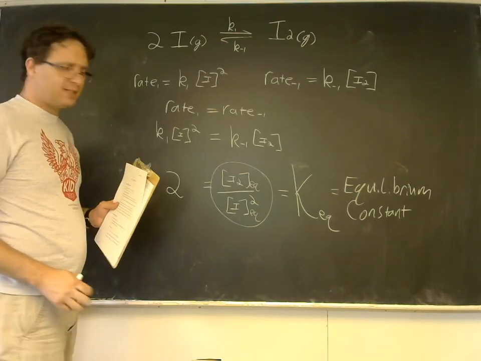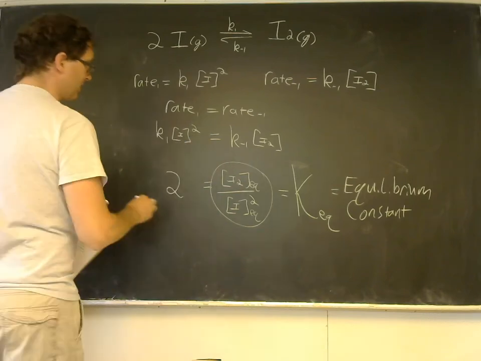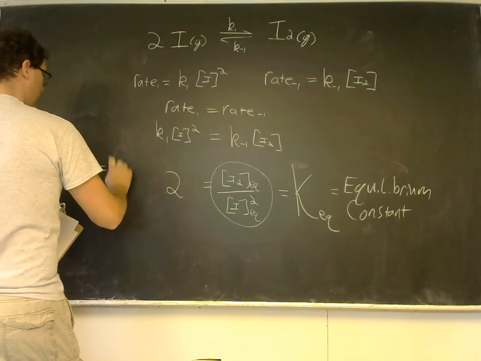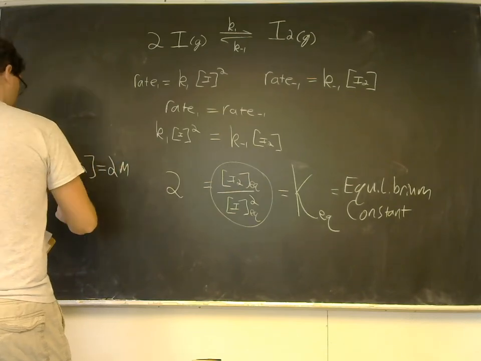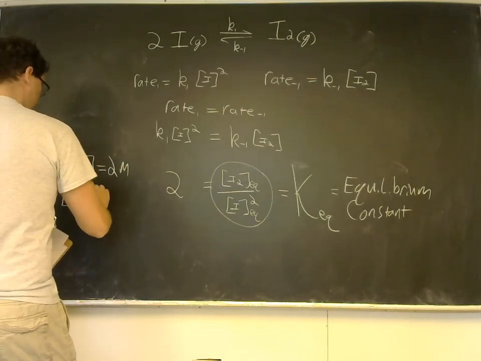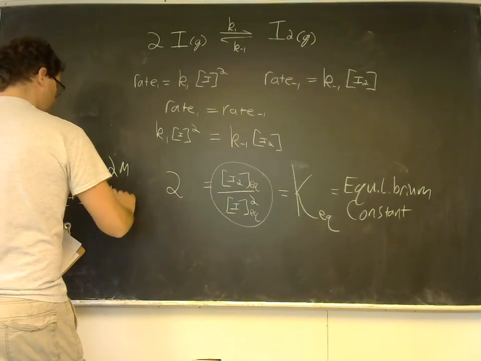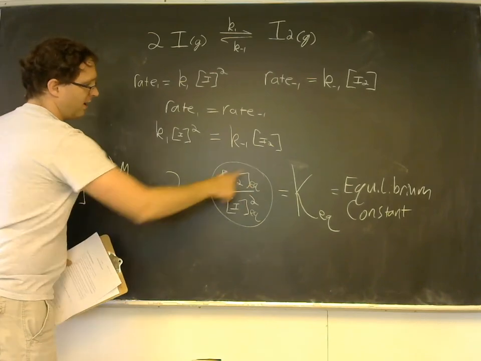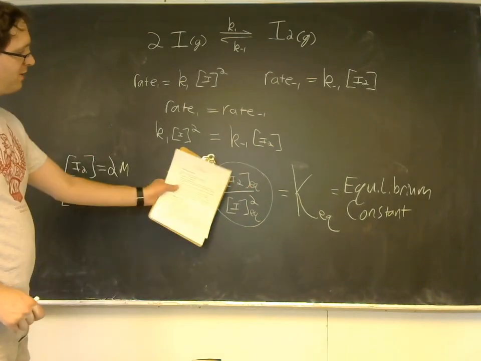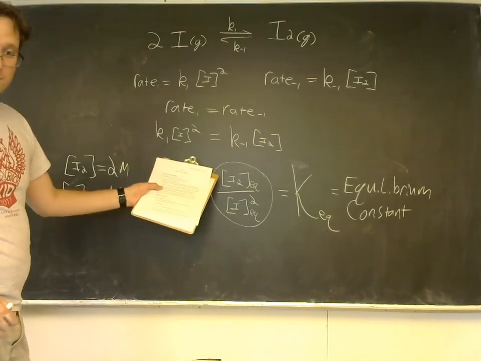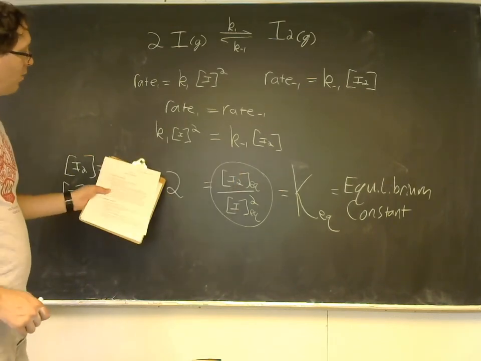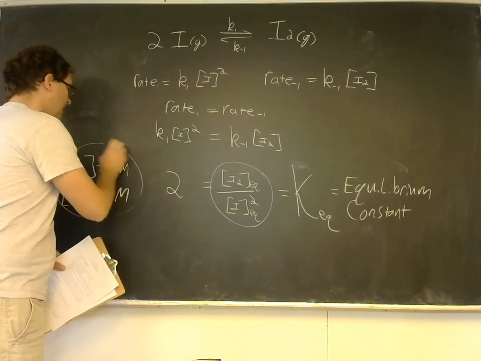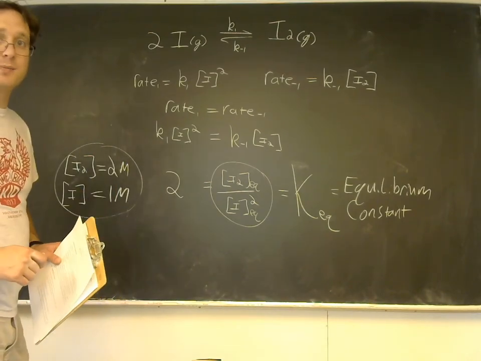So let's look at a couple of different conditions. If I2 were equal to 2 molar and I is equal to 1 molar, then we could plug those numbers in here, and those concentrations put into this formula would equal the value for Keq. And so this would be a valid set of conditions that describes chemical equilibrium.